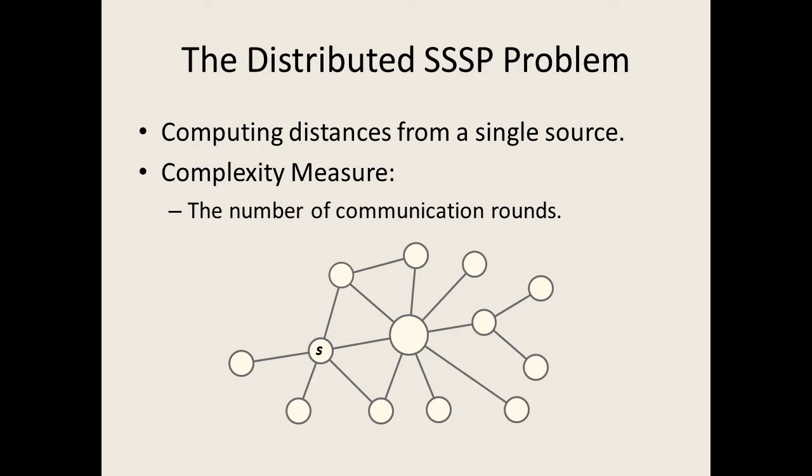So we would like in this case to devise an algorithm or a protocol that each vertex is going to execute in parallel, so that by the end of the computation each of them will know its distance from the source. Such an algorithm is called a distributed algorithm, and of course our goal is to find the fastest possible algorithm, where in this model the complexity is measured by the number of communication rounds that it requires in the worst case.